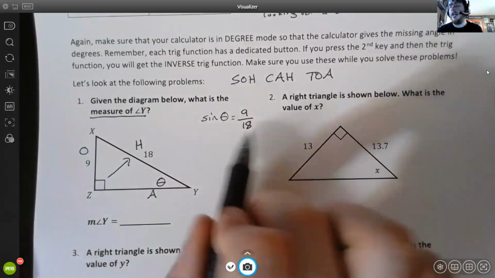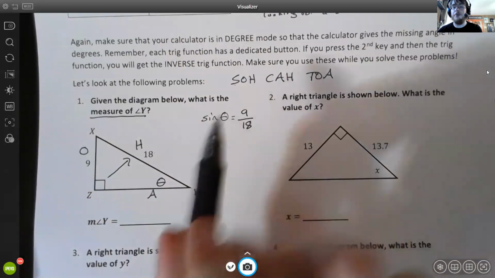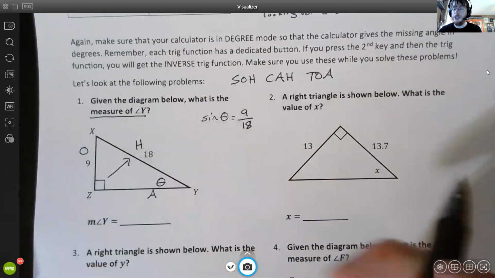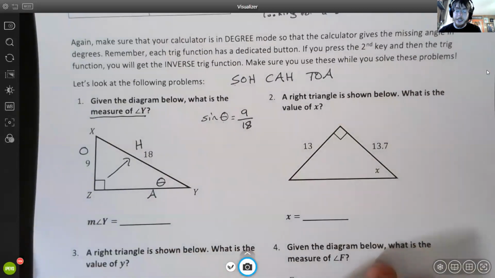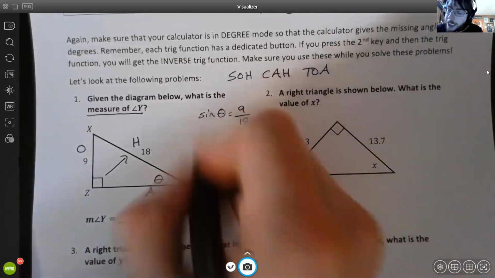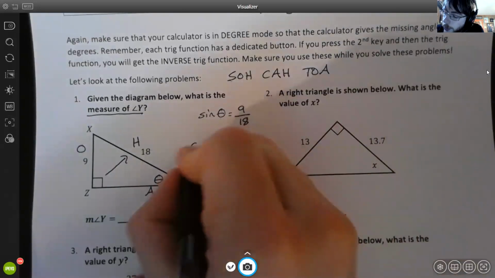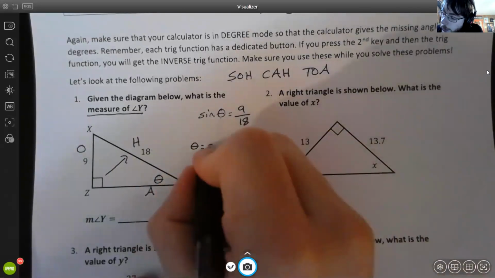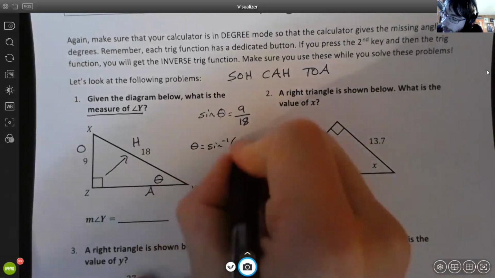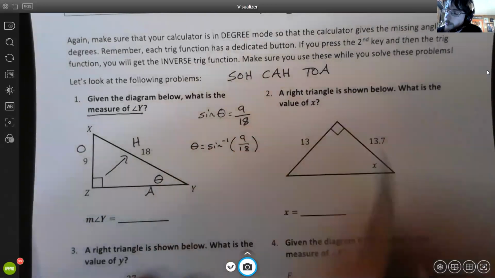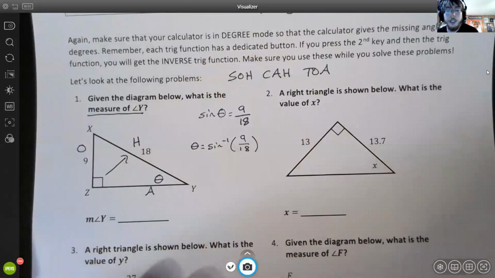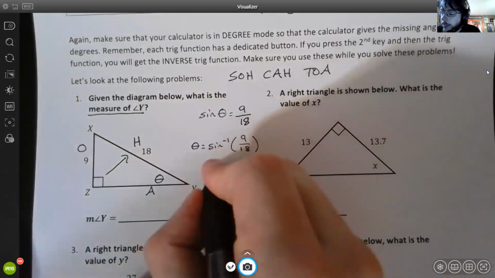As you can see, we're not solving for a side because we already know both of them. So that means we're looking for our angle theta. So we need to use the inverse sine of this to find what theta is. So theta has to equal the inverse sine of 9 over 18. And in Desmos, we're just going to plug that in just like we see it there.